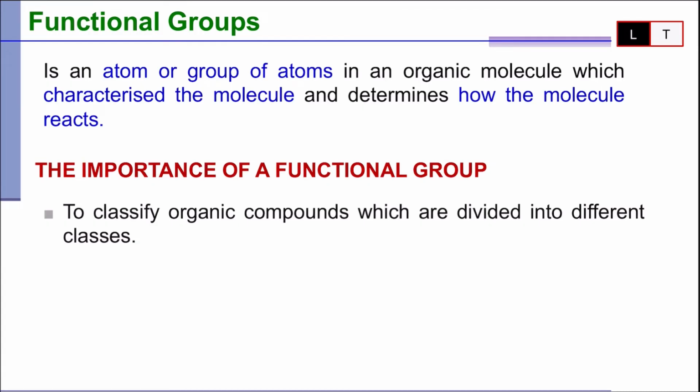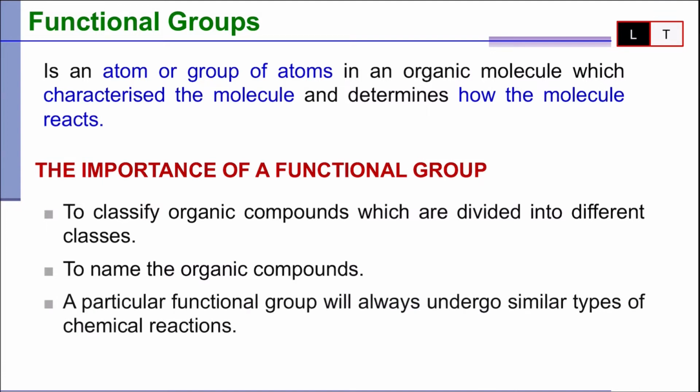Seterusnya, kalau awak nak beri nama kepada organic compound tu, kena tahu functional group. And functional group juga, sekiranya awak ada specific functional group, dia kebiasaannya akan undergo similar types of chemical reaction for the particular functional group. So itu adalah kepentingan functional group yang awak patut tahu.